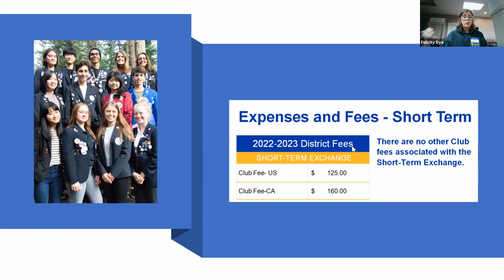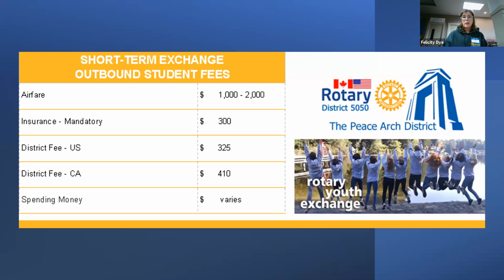Essentially, that includes orientation, sweatshirt, swag, and then the student pays similar to the long-term, they're going to have similar airfare. Then the insurance is prorated for the amount of time that they're gone. And then the student has a district fee as well.